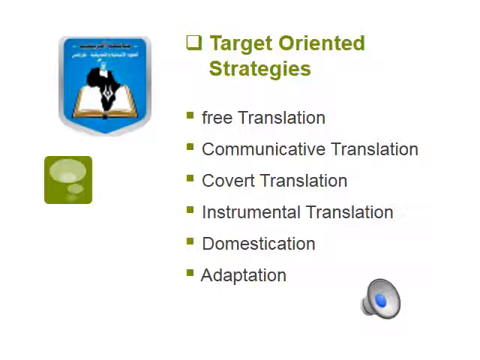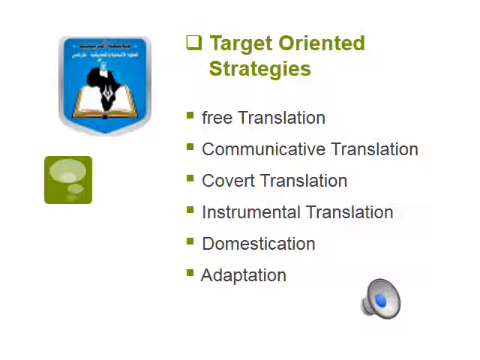With an instrumental translation, the target text is usually read by receivers as though it were an original ST, fulfilling a communicative purpose in a target culture without the readers being aware that it was originally written in another language for another communicative situation. Typical examples are technical texts, where the function is preserved in a target language. So that's the instrumental translation.